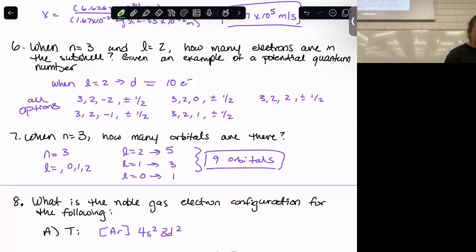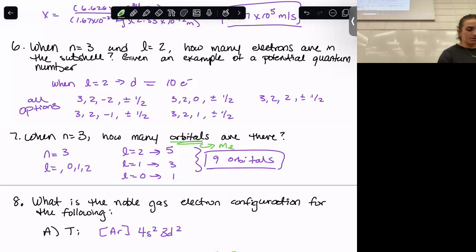So when you're looking at orbitals, it is determined by M sub L. So when we have subshells for L, the subshells available are S, P, and D, right? So that's going to be 0, 1, and 2.